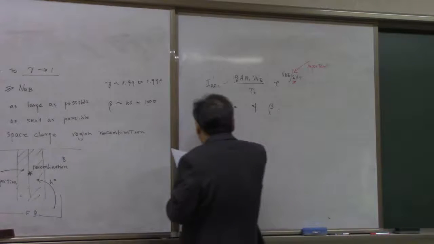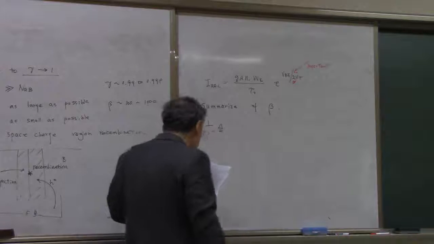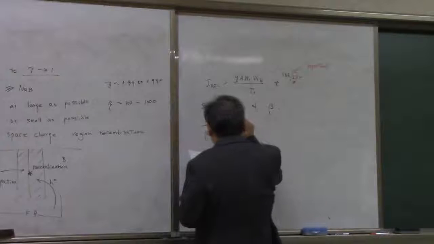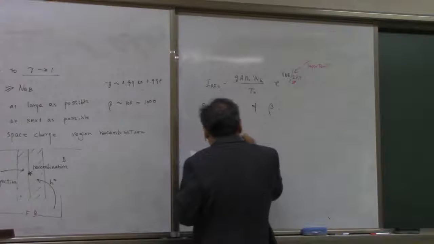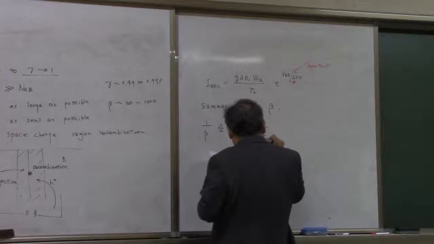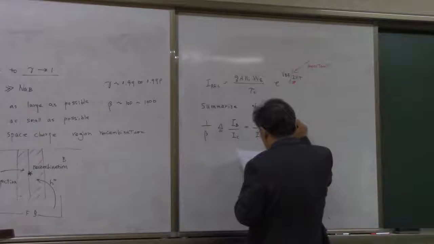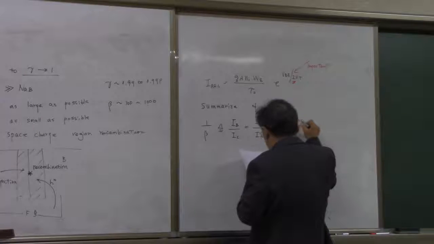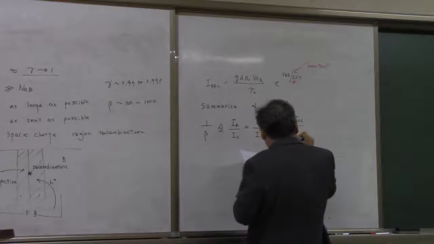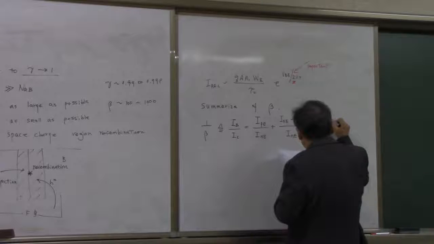Okay, we can say the reciprocal of the current gain is going to be IB over IC, and that is IPE over INE plus INE minus INC over INE plus I recombination current over INE.